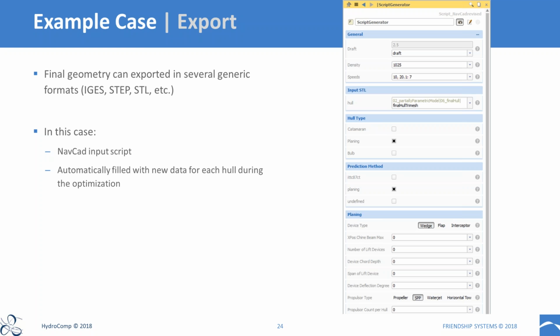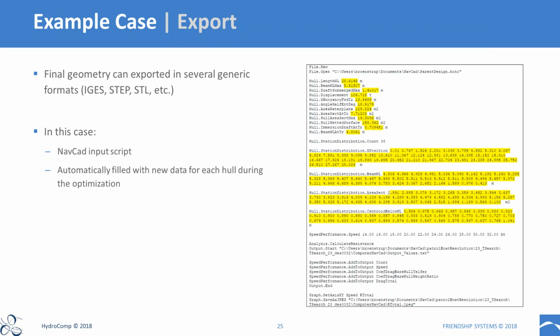You can provide the hull form geometry, specify the hull type, the prediction method that you want to run, and then this export function will generate a script that looks similar to what you can see here in the picture, that contains all the information for NavCad and also controls the NavCad process.